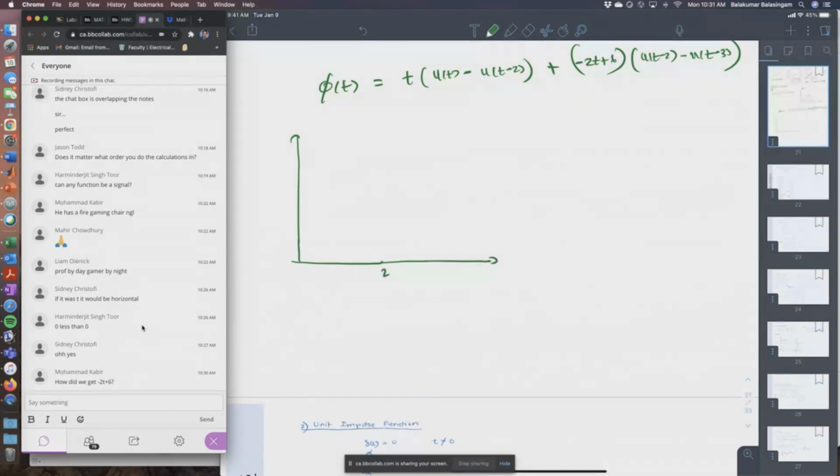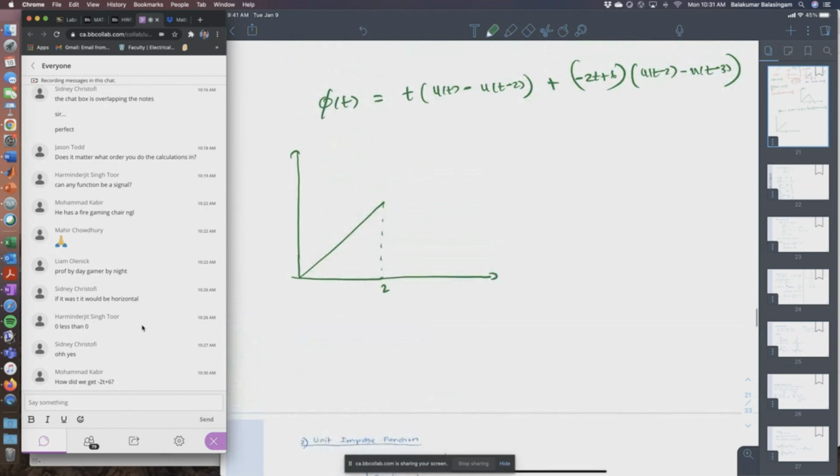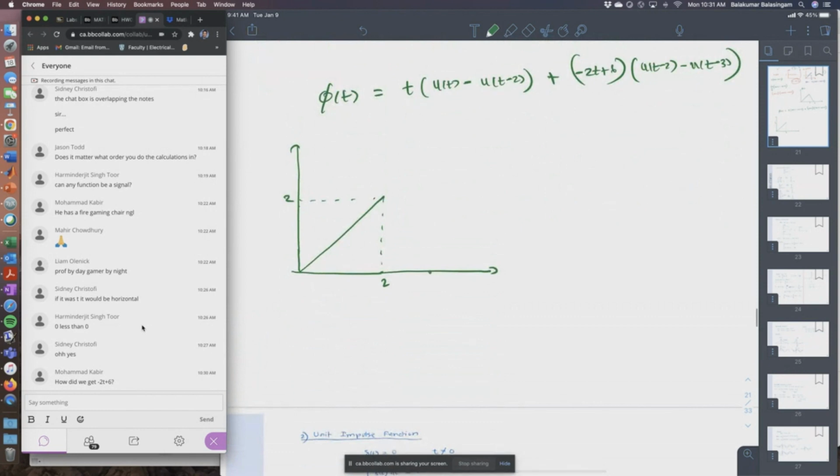It is at 2. This is y is equal to t, so this value is also 2. And then this is 3. So we have two coordinates: one is (2, 2), the other one is (3, 0). We want to find the equation of this line that goes through (2, 2) and (3, 0).